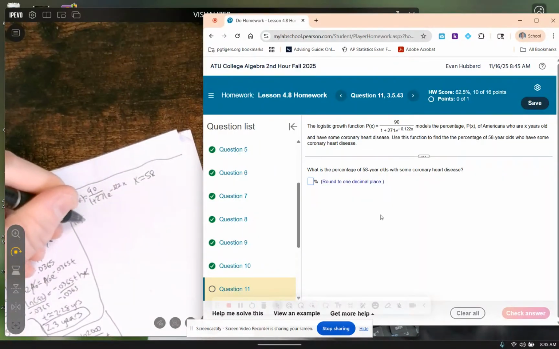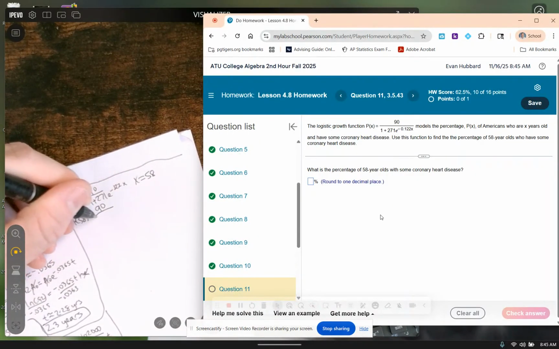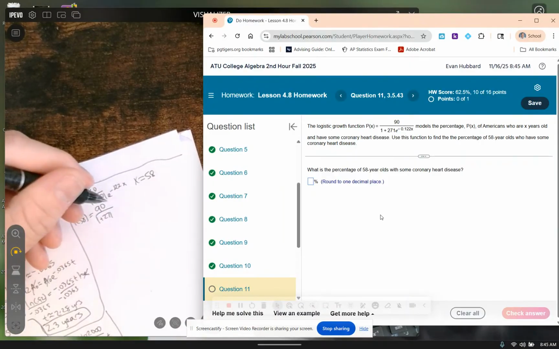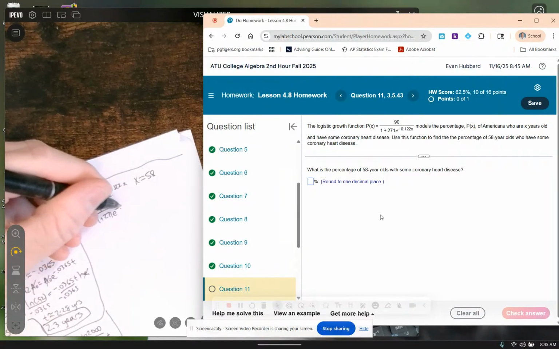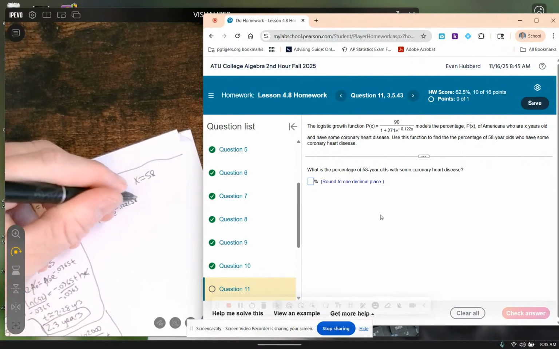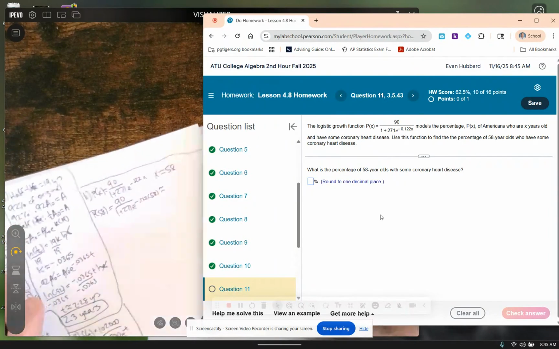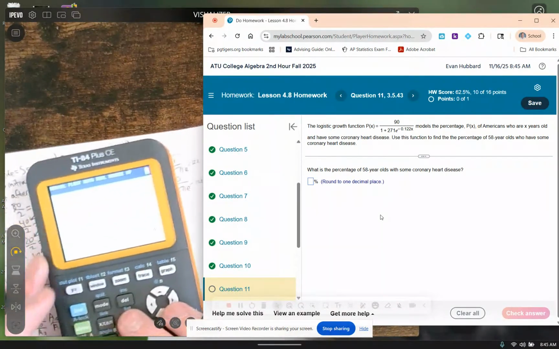So P of 58 is equal to 90 divided by 1 plus 271 e to the negative 0.122 times 58. I'm going to use the math alpha trace to get that fraction.